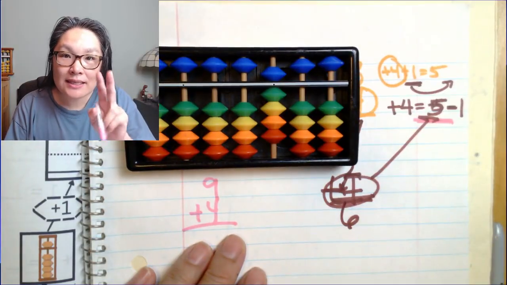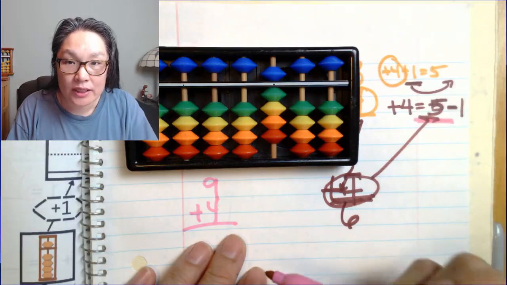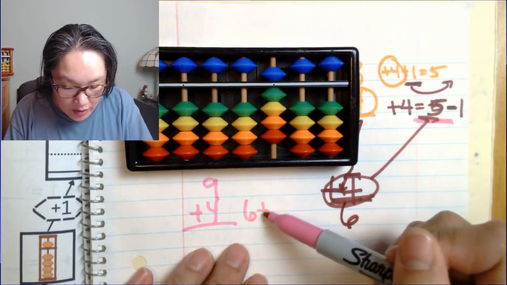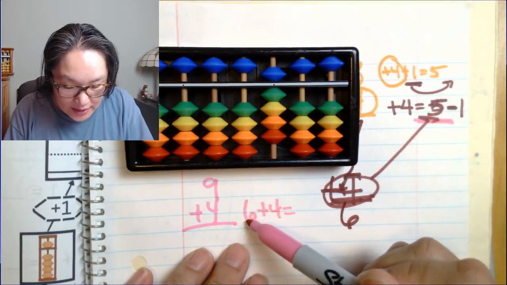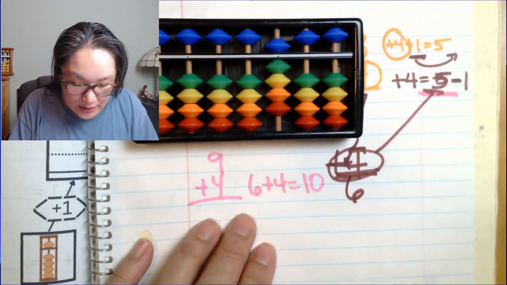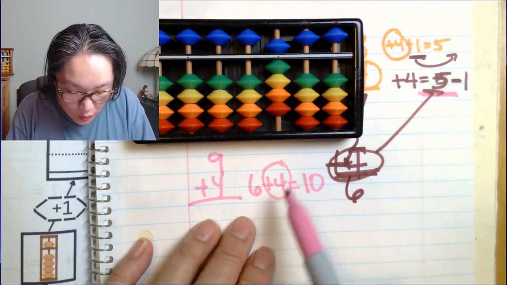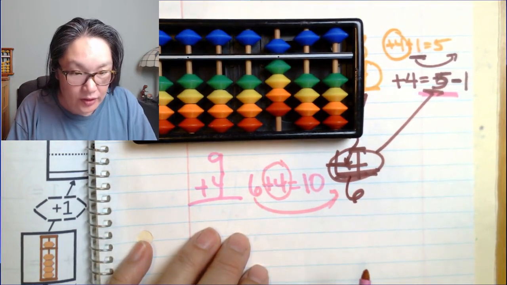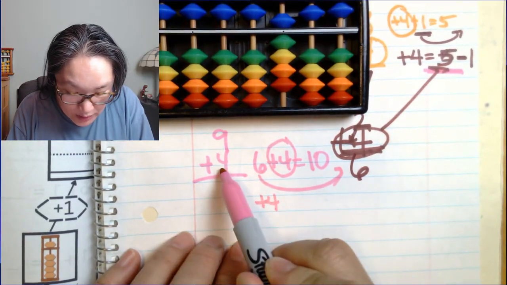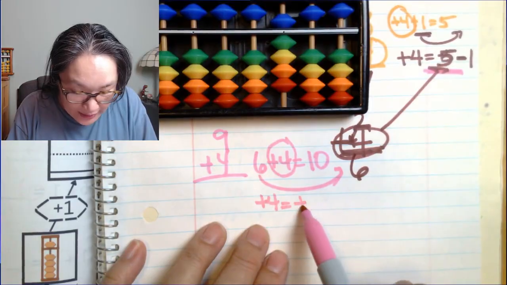So the next set of questions that we need to do is we need to understand 6 and the pairs. We did this before. 6 plus 4 is equal to 10. So what happens is I want to isolate this 4, so I'm going to take this 6 and move it to the other side. So I'm going to rewrite it: plus the 4 is equal to add the 10.